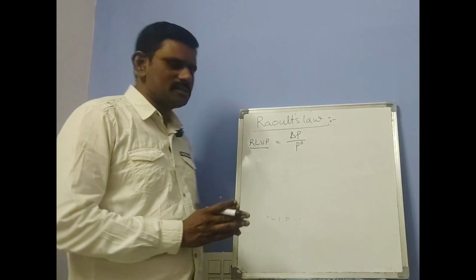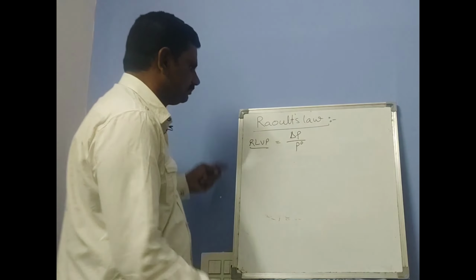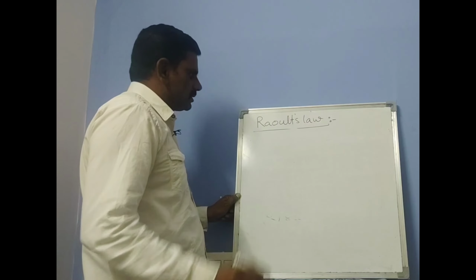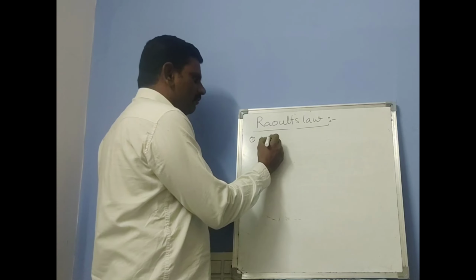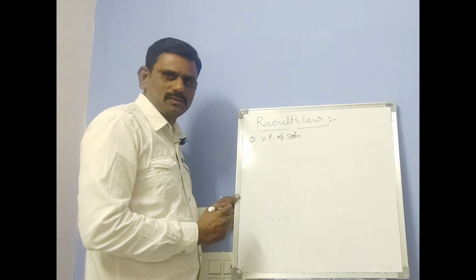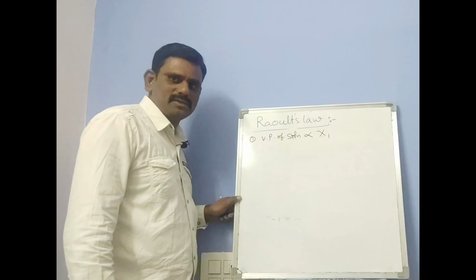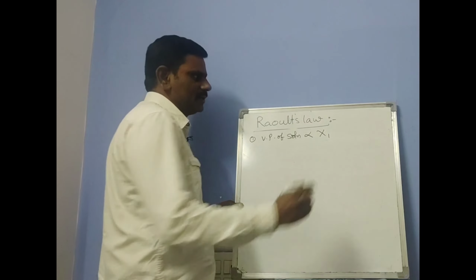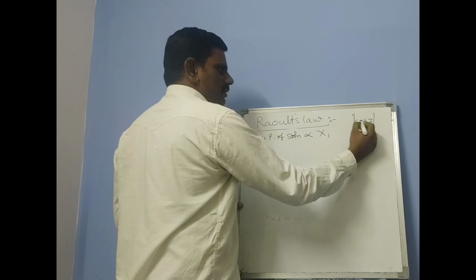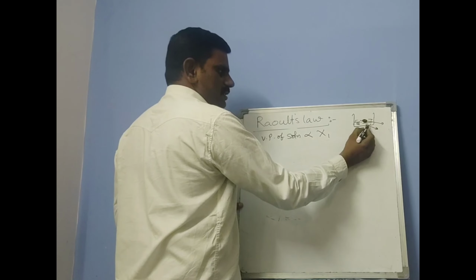So this information is needed to understand Raoult's law. Now coming to Raoult's law. What is Raoult's law? We have two statements under Raoult's law. The first one is: vapor pressure of a solution containing a non-volatile solute is directly proportional to the mole fraction of the solvent. See, in a solution, there is solute and solvent.